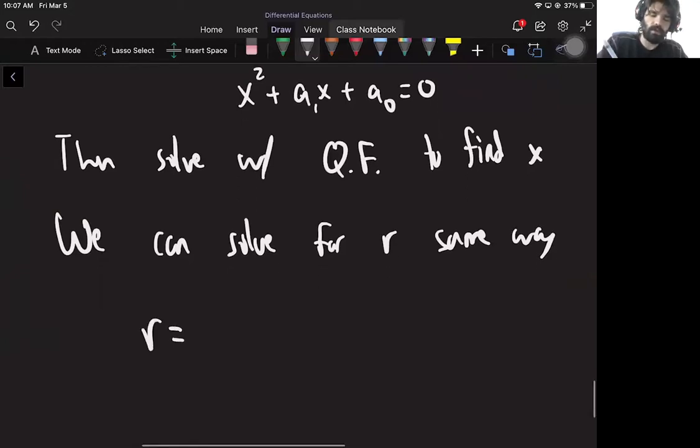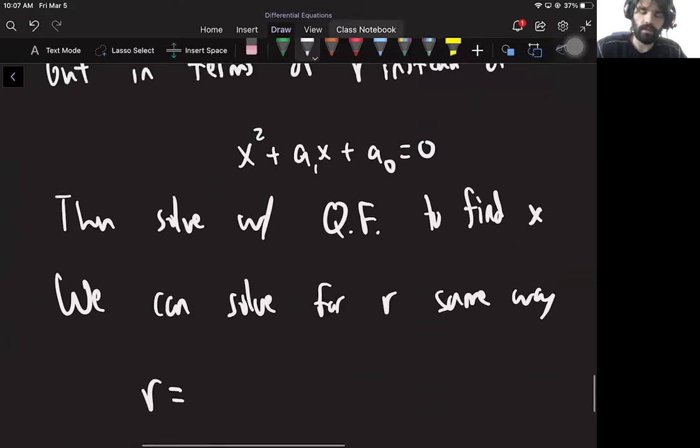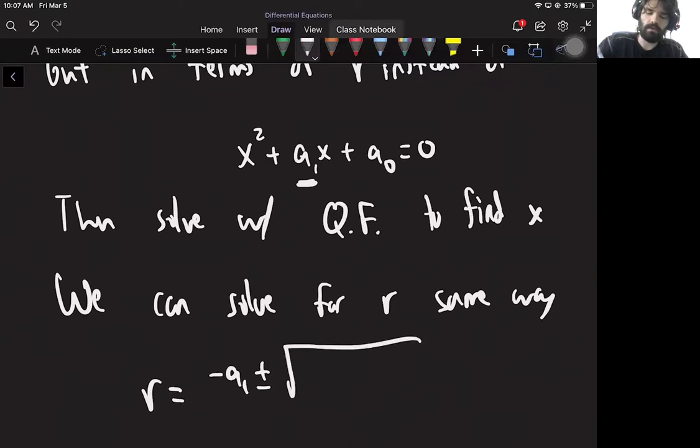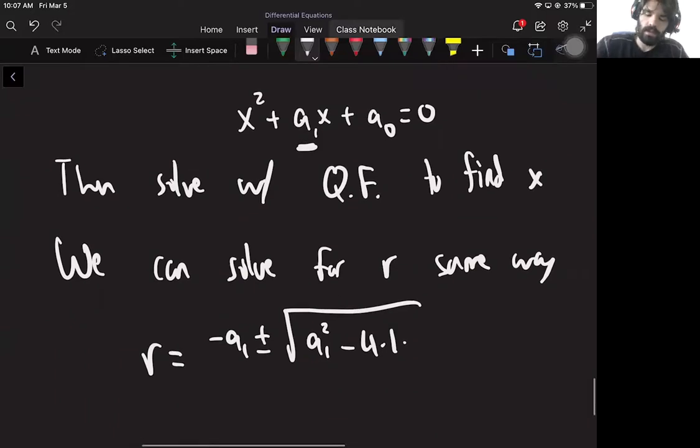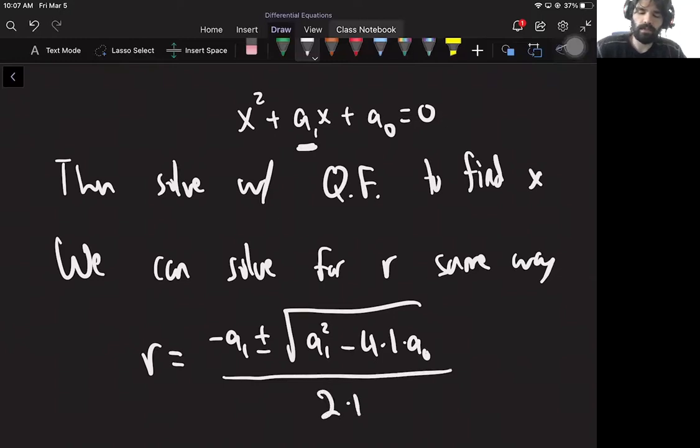But I'll remind you of the quadratic formula. So r will be negative b, so negative whatever that number is, plus or minus the square root of b squared minus 4 times a, the number in front of the first term, which is a 1, times c, which is the last term, over 2 times the first term.